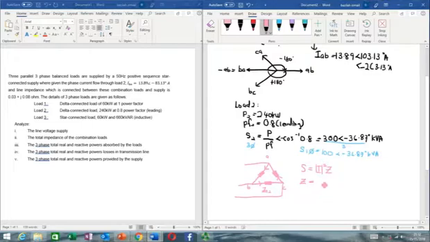I in this case is 13.89. Just take the magnitude value squared.